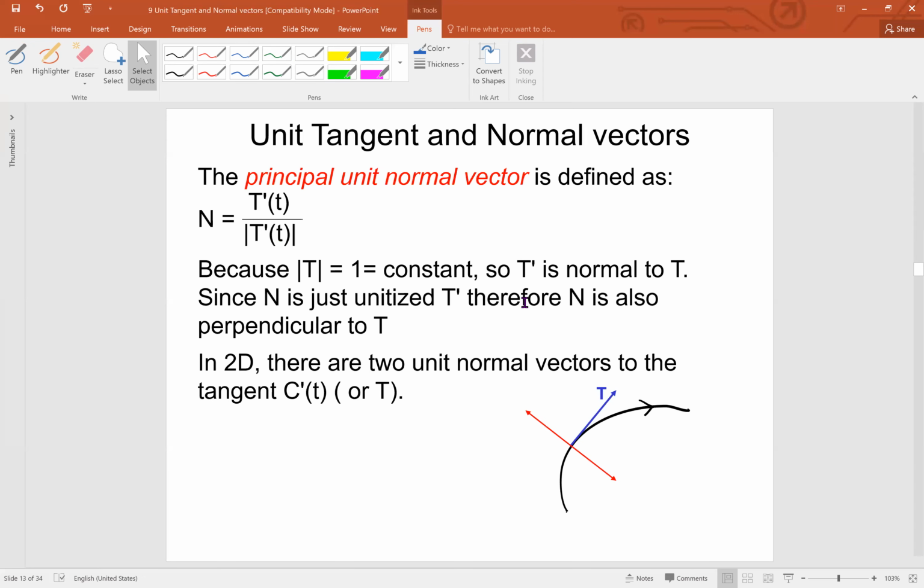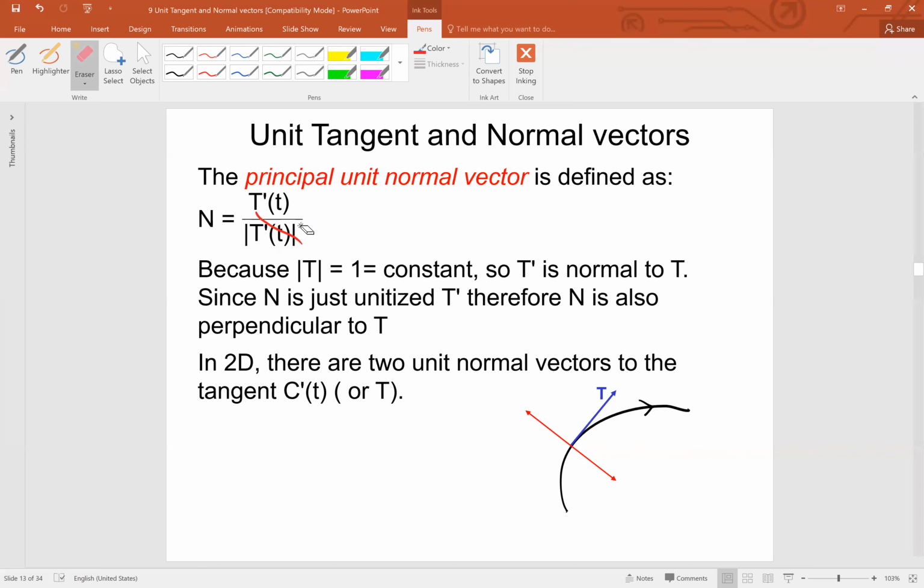So N is called the principal. If I don't unitize it, I will produce a perpendicular vector to the unit tangent or to the tangent, same directions.